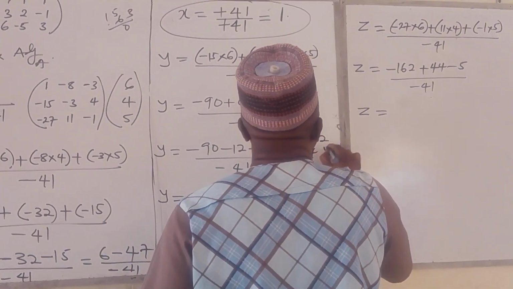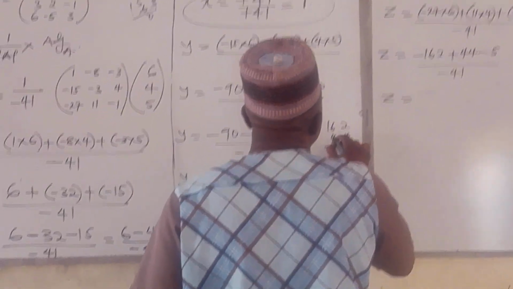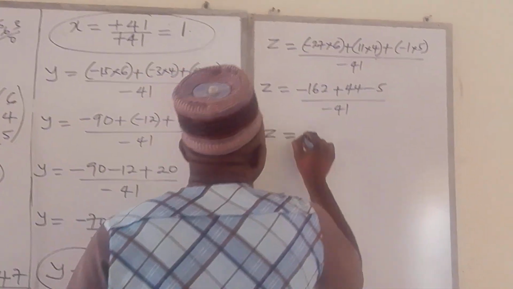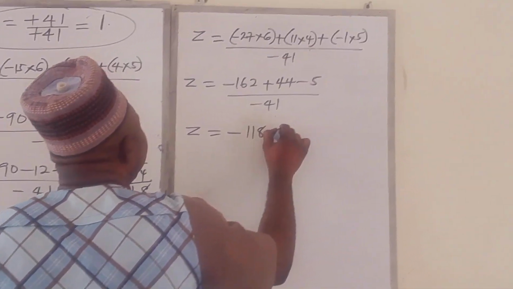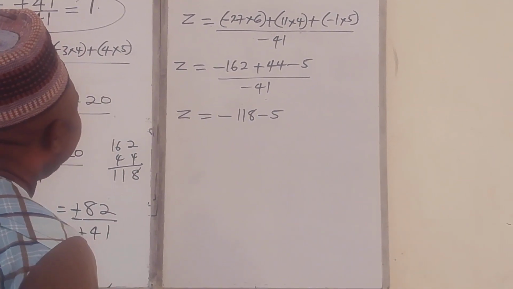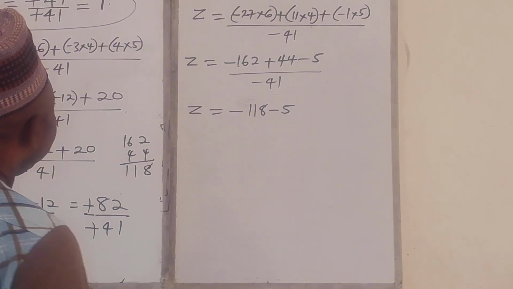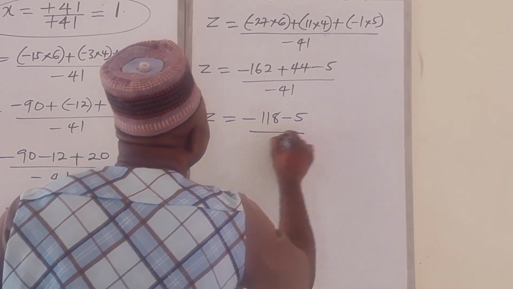So it means the value of z now will be equal to, now let's see, 162 minus 44. There is 12. 12 minus 4 is 8. There is 5. 1. That's minus 118 minus 5, all over minus 41.